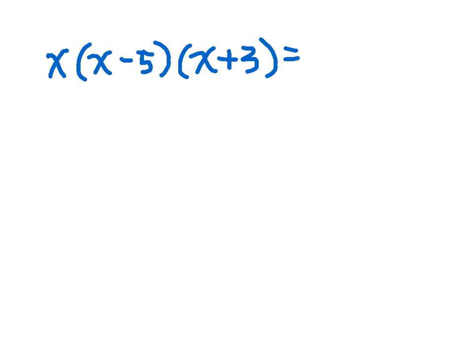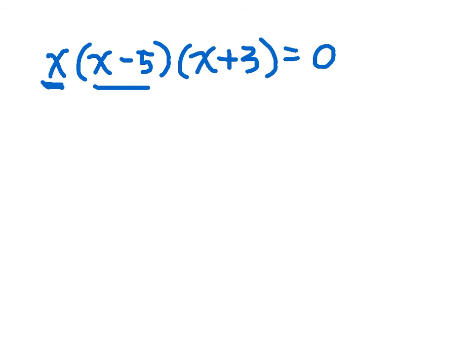I want to add 2 types of examples that didn't make it to this original version of the video, and do come up in homework exercises. If, for example, something says x times x minus 5 times x plus 3 equals 0, notice there's another factor here, but the same big idea still holds.